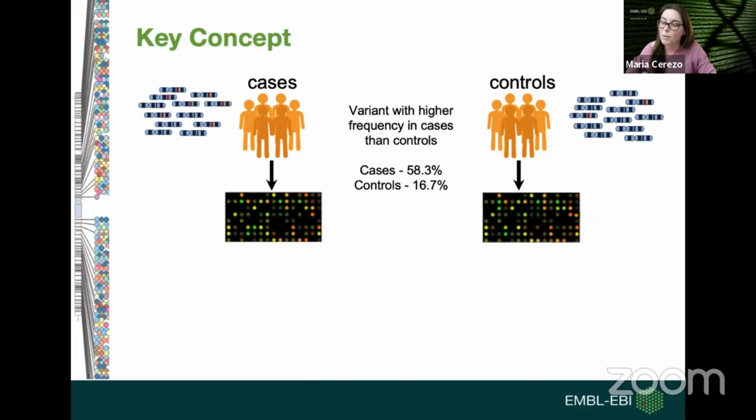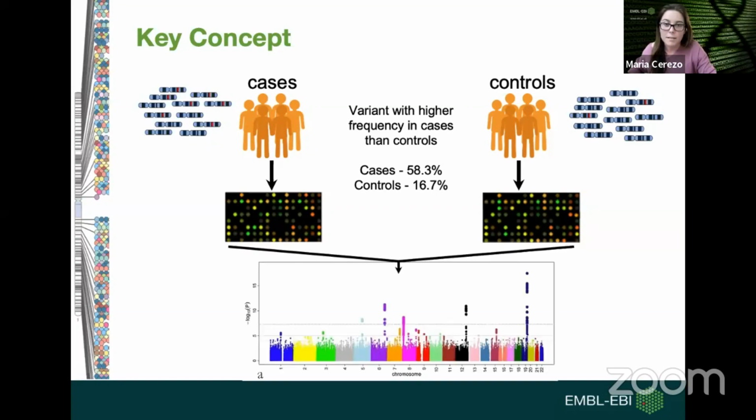Cases are the individuals with the trait and controls are those without the trait. Later on, a statistical analysis is carried out to indicate how likely it is that the difference you find in the frequency in both groups is due to an association with that trait or not.